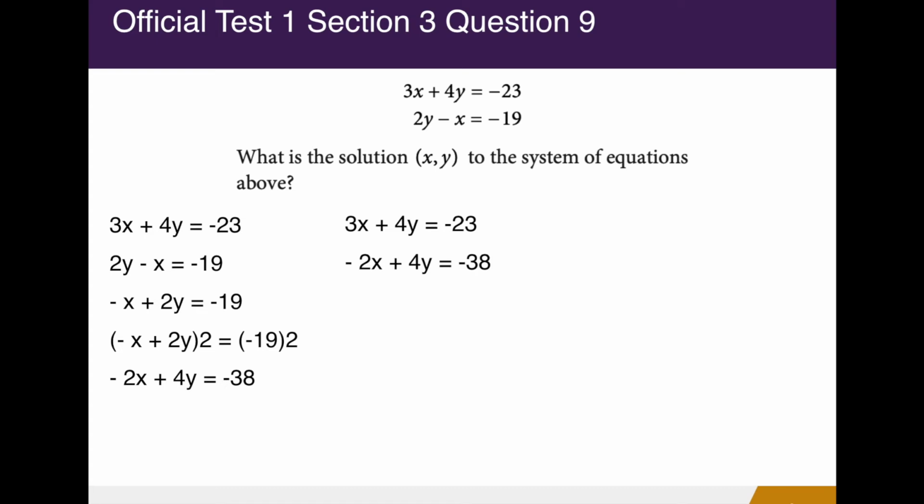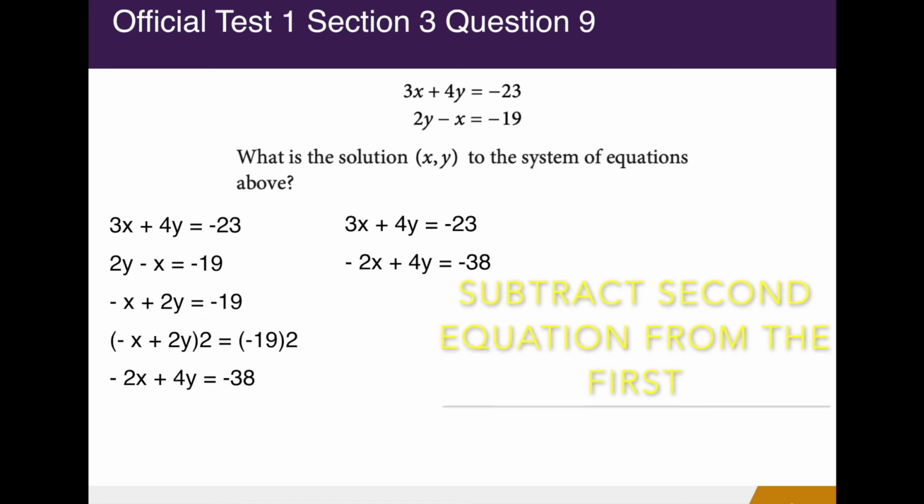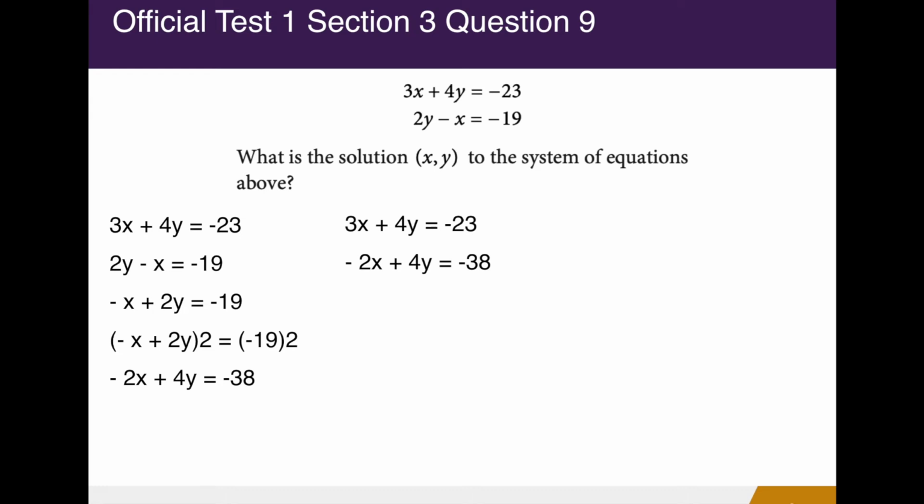Then we subtract this from 3x plus 4y equals negative 23. So 3x minus 2x equals negative 23 minus negative 38, and that is 5x equals 15. Then we divide by 5, x equals 3.